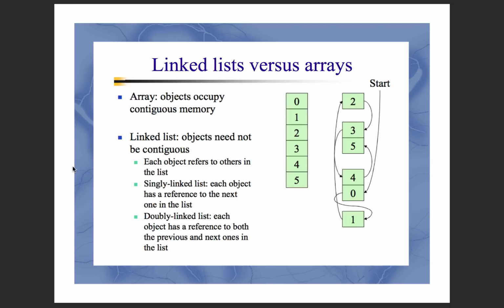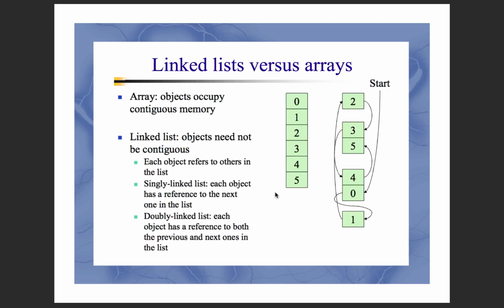Let's talk about these things. A linked list is not contiguous like an array. In an array, all the elements are contiguous, all kept one by one. But in a linked list, the values are not contiguous.